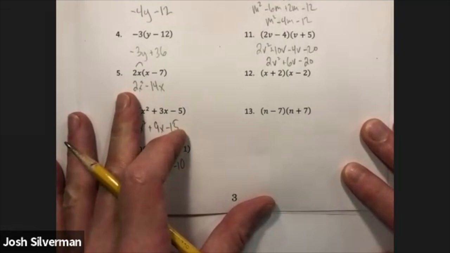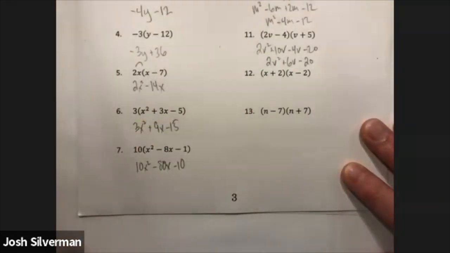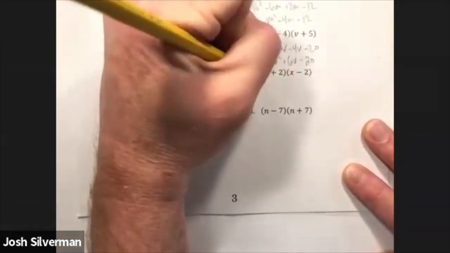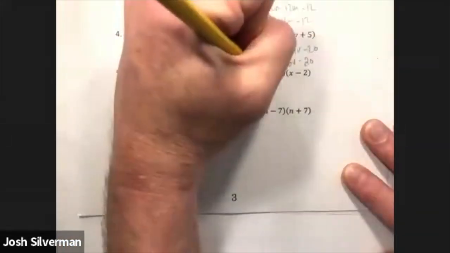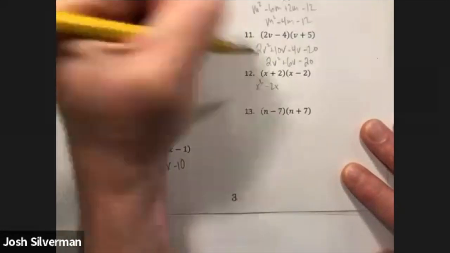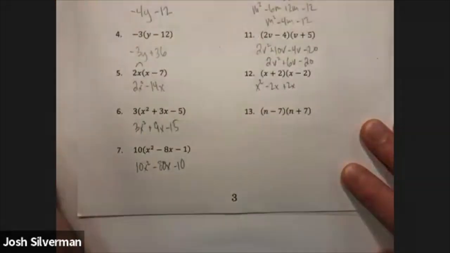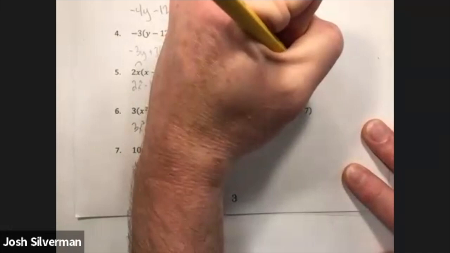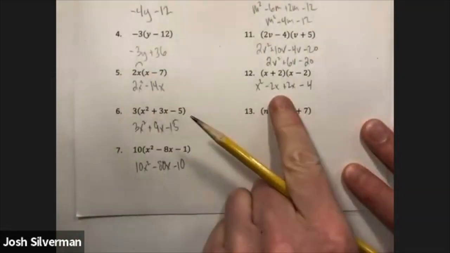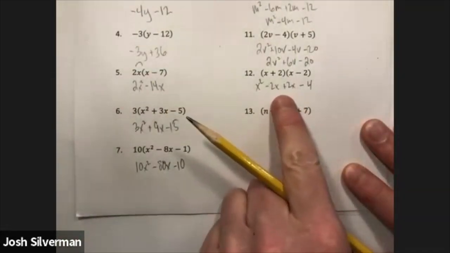All right, now these are the ones right here where I want you to pay very special attention. First, outside, inside, last. Now, what happens when we combine those two in the middle?